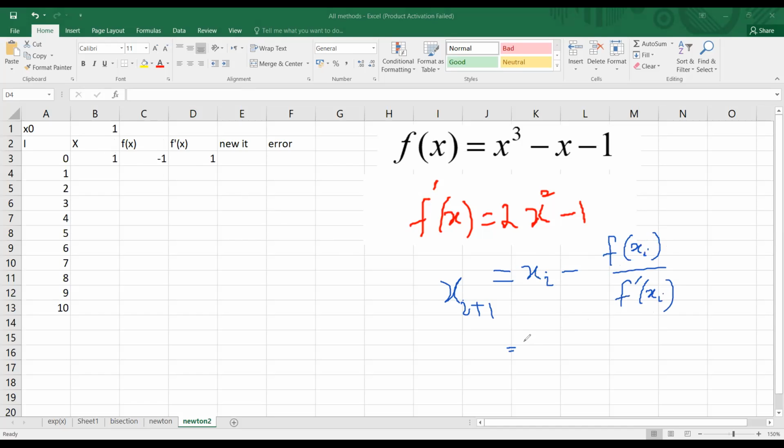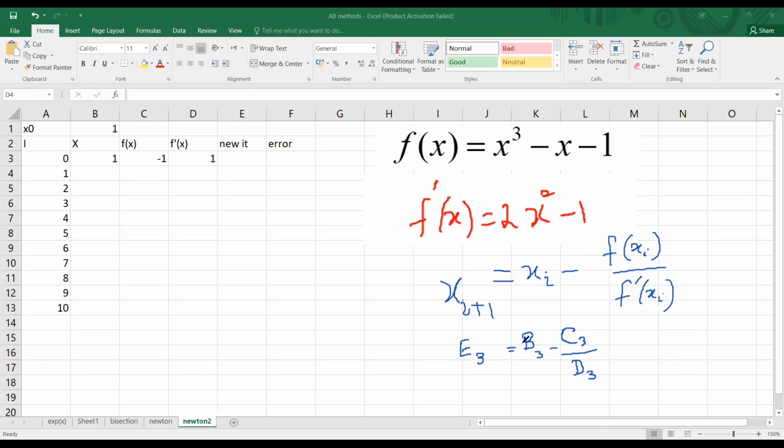So according to the Excel formula, it is B3 minus f of xi, which is C3, and f dash xi is D3. So we have to implement the formula in E3. This formula acts as B3 minus C3 divided by D3. So this is to be the new iteration.